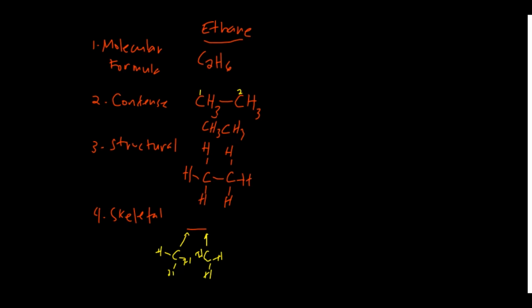So let's have another one. Let's say methane. The molecular formula for methane is CH4. Now we cannot condense methane anymore, so we can just copy it, because this is the least number for the compound CH4.